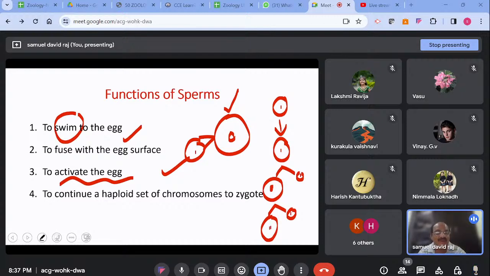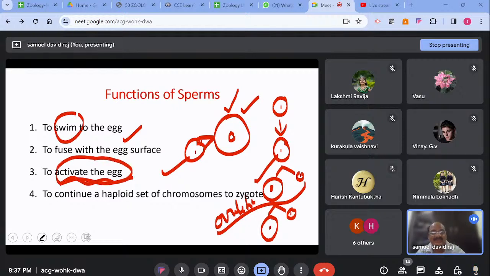But in mammals, including human beings, ovulation takes place at the secondary oocyte stage only, not at the ovum stage. So once the sperm comes in contact with it, the egg gets activated, it completes second meiosis and it becomes a haploid ovum. That is what activation here is.